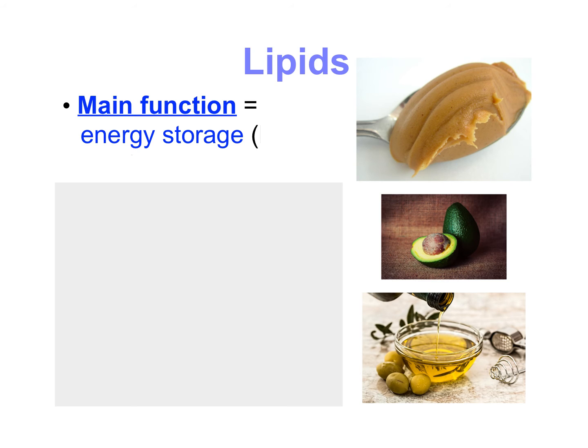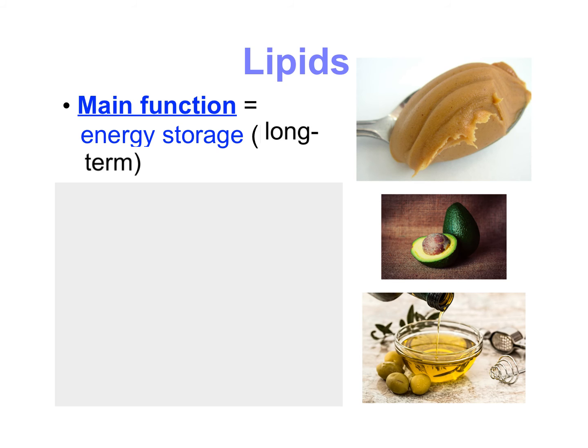So the function of our lipids, or the main function at least, is energy storage. But we have to specify the fact that we are talking about long-term energy storage. So they're going to give you energy that's going to last over a longer period of time. So really something great to think about here is that we already said your carbs give you short-term energy.